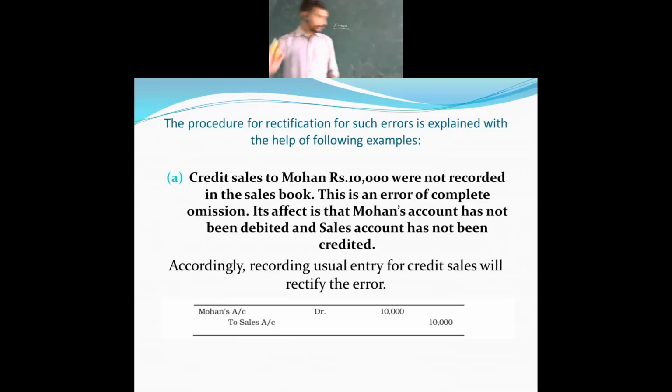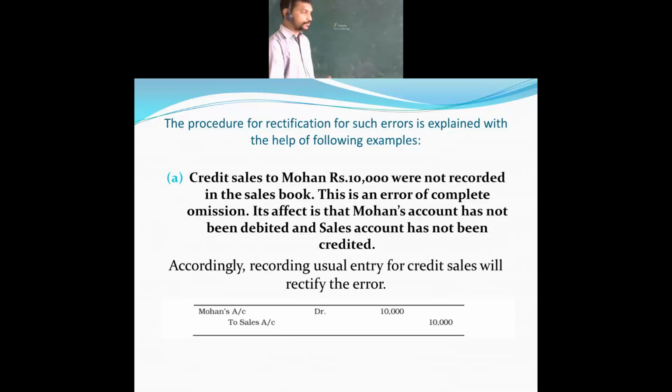Whenever you sell on credit, the person's account should be debited. Accordingly, recording the usual entry for the credit sale will rectify the error. So what we make over here is that Mohan's account will be debited and the sales account will be credited. That's what you have to understand.